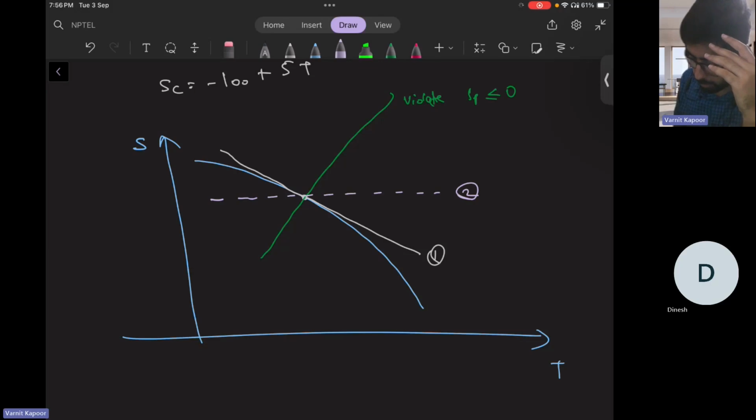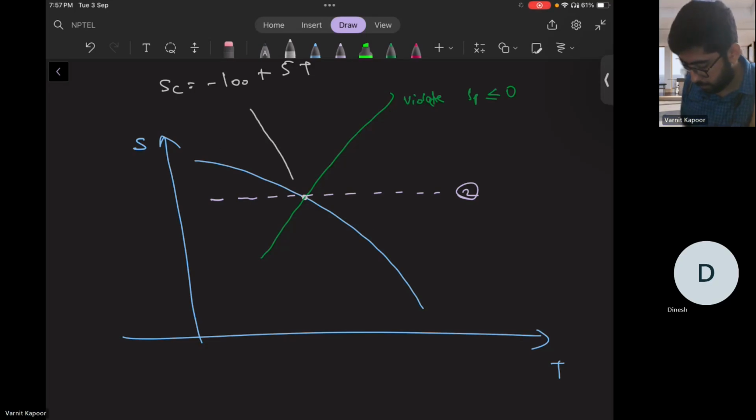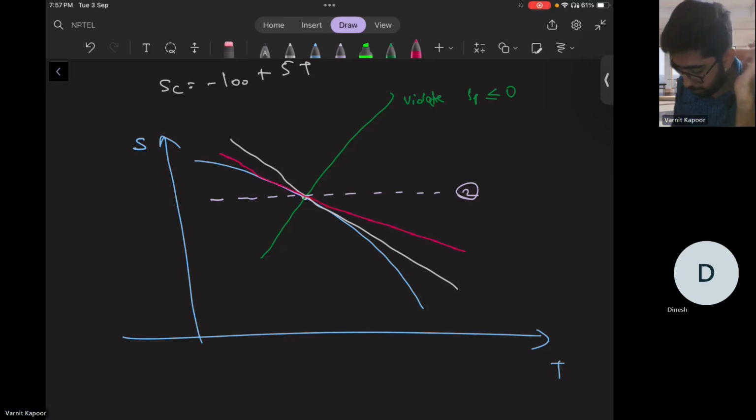The tangent will look something like this. Less steep means something like this.